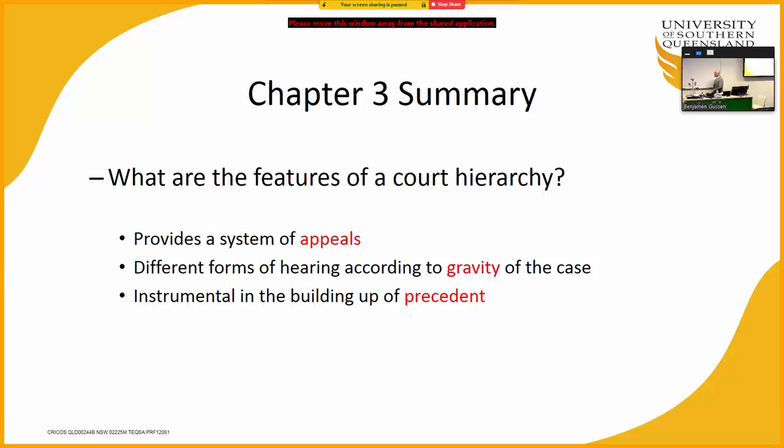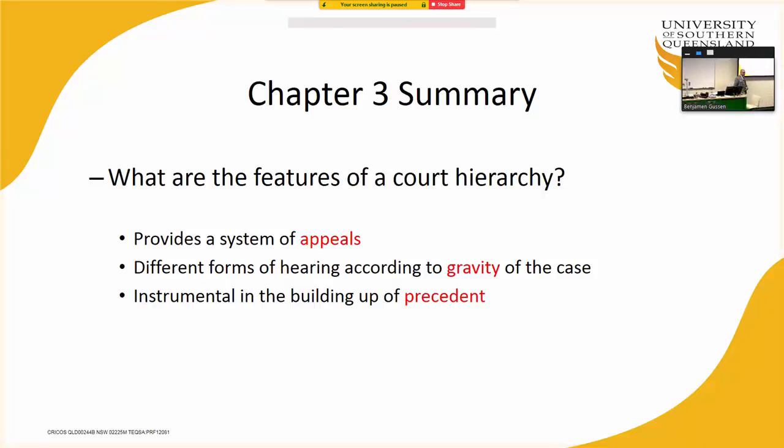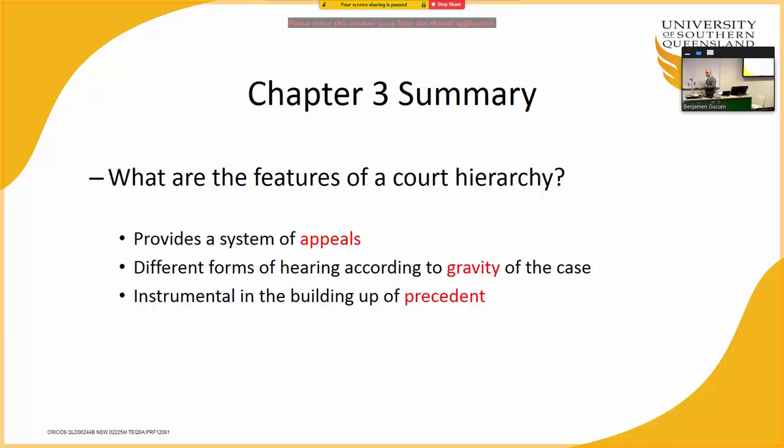So why do we have this hierarchy? In a nutshell, because of economic and equitable considerations. So the first thing is that it provides a system of appeals. Remember, the higher you go in the hierarchy, the more expensive is your motion. From filing the court fees all the way to moving through the trial process.